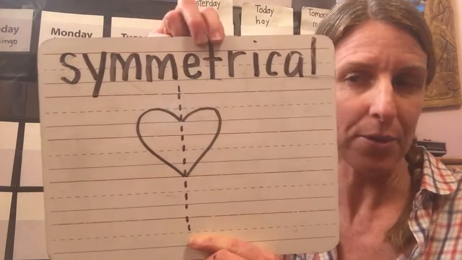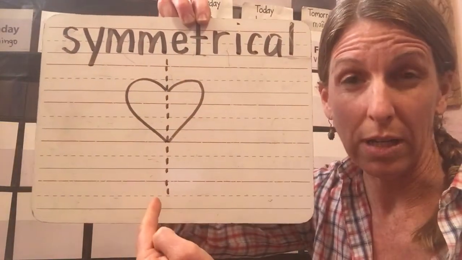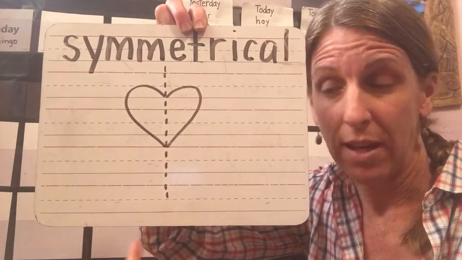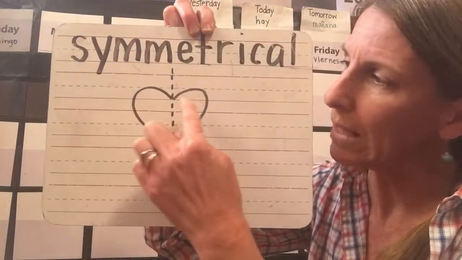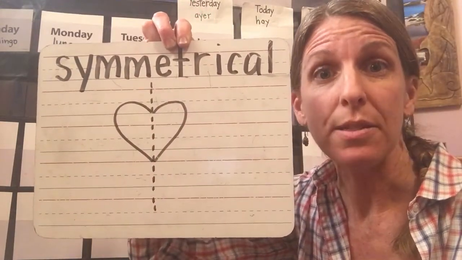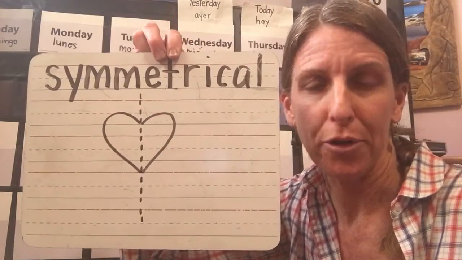Symmetry or symmetrical? It means that you can take a shape or any object and you can divide it in half, and one side will be exactly the same as the other side. They are symmetrical to each other. Sometimes we call it a mirror image.